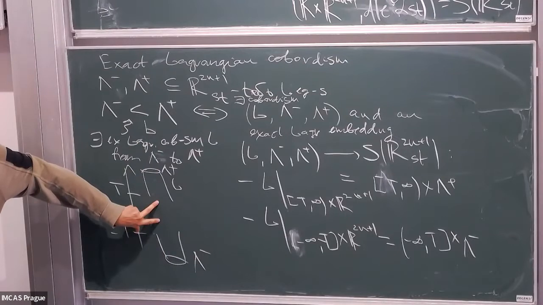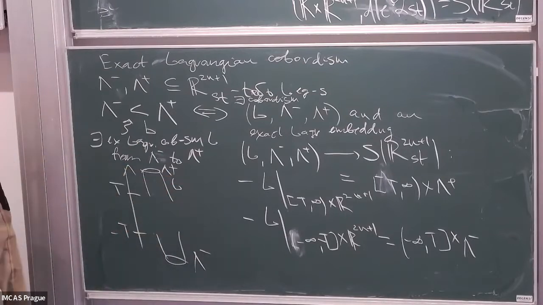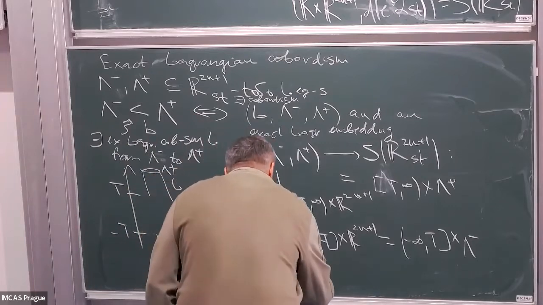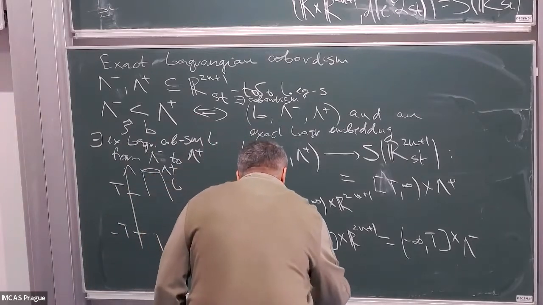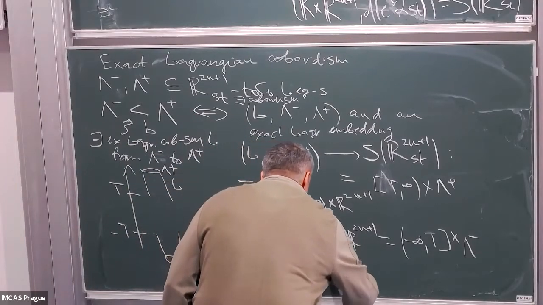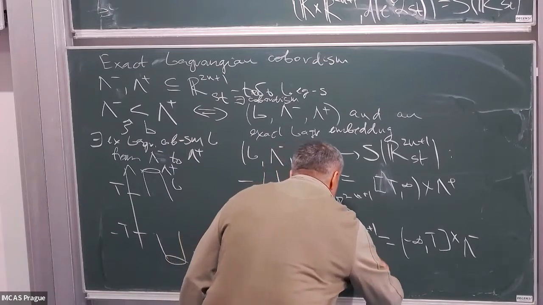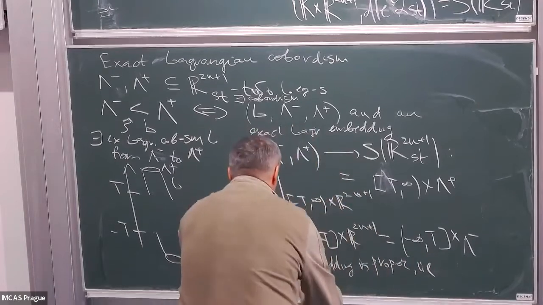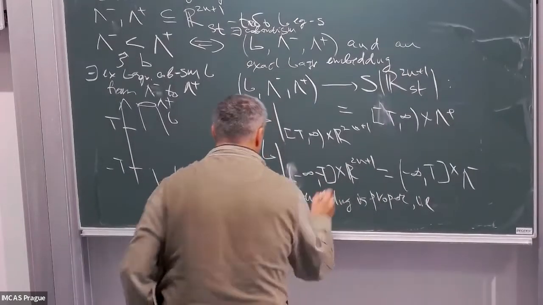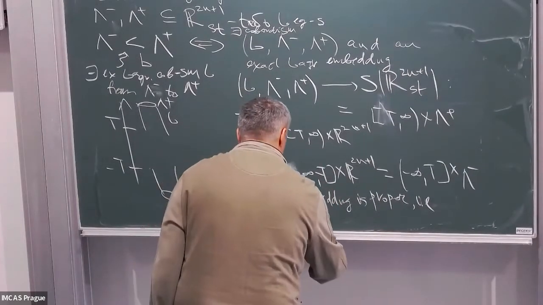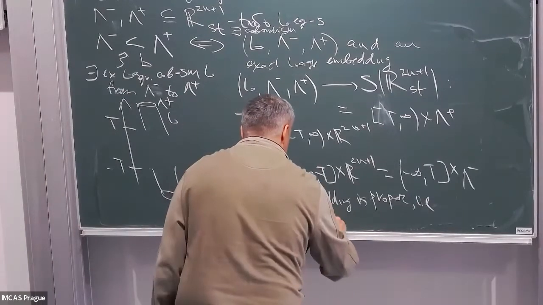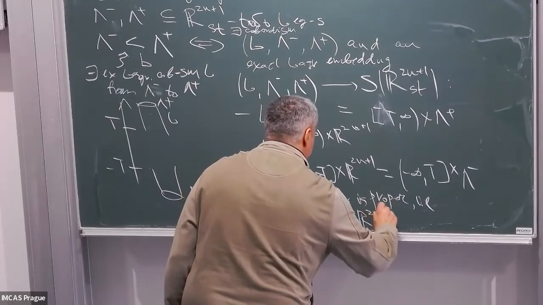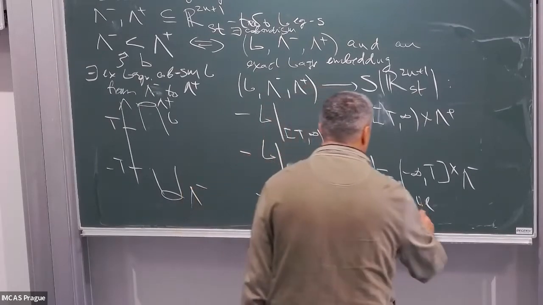Also, this embedding is proper, i.e., L restricted to, say, minus T times R to the 2n plus 1 is compact.